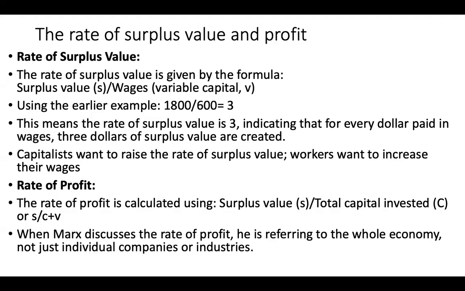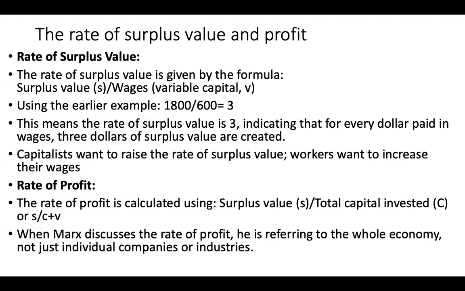But again, using this simple example illustrated in the previous slide, you can then calculate a rate of surplus value, a ratio of how much surplus value is produced. You do that by dividing surplus value by wages, which Marx also refers to as variable capital, V. Again, wages paid out to the worker is one capital expense that the capitalist has.